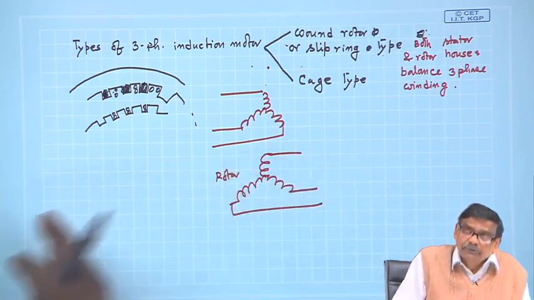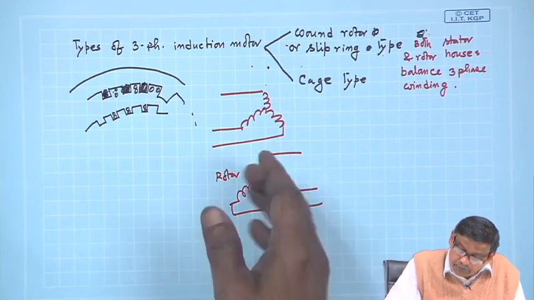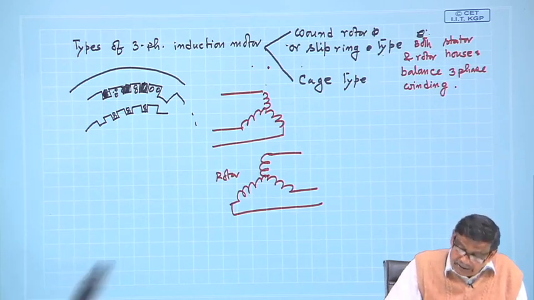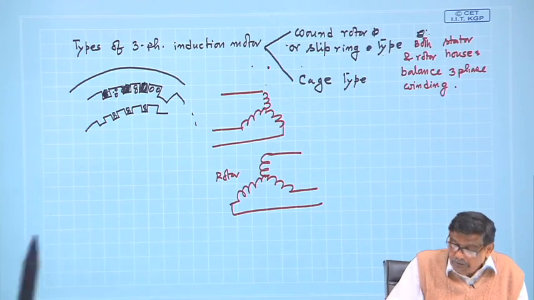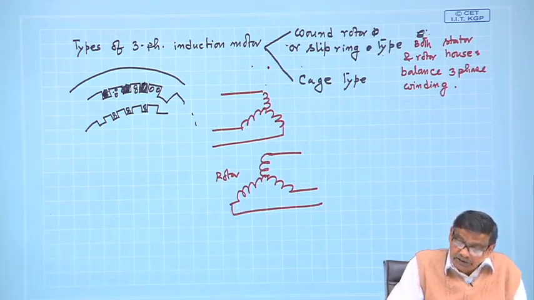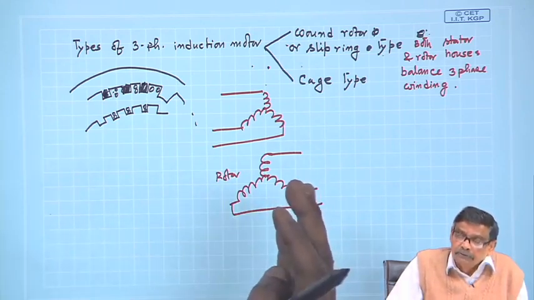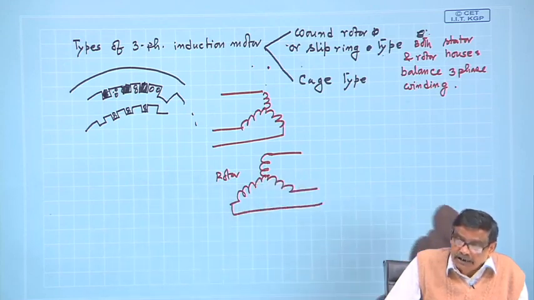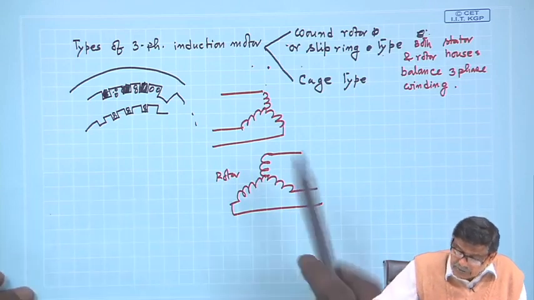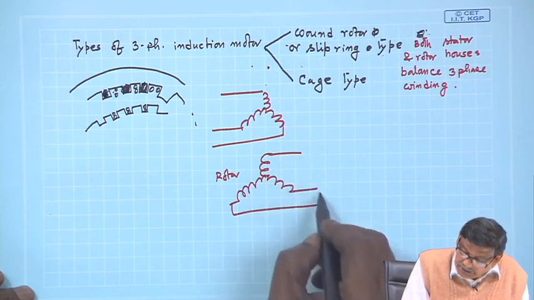And we also learned that these terminals can be shorted, then the motor is said to be running with its own internal inherent R2. But it may be necessary sometimes, if you want to start the induction motor against full load torque from the word go, that is S equal to 1, to connect some external resistance in the rotor circuit.